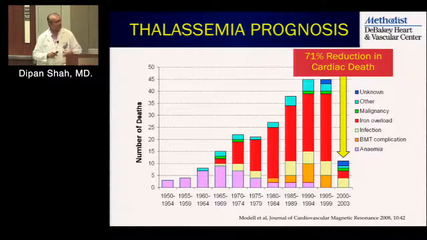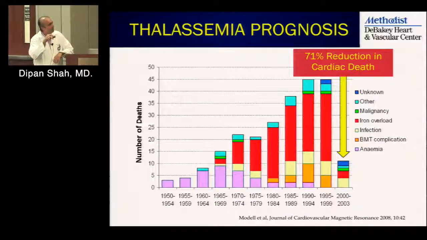What's interesting is that most of this work with iron assessment was done in England, where this technique was initially developed around the late 1990s. When they started to employ this technique throughout England, they demonstrated that for the preceding several decades there was an increase in the incidence of death due to iron overload, as you can see from the 1970s, the 80s, the 90s.